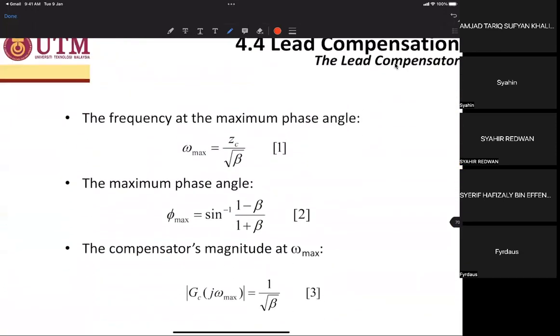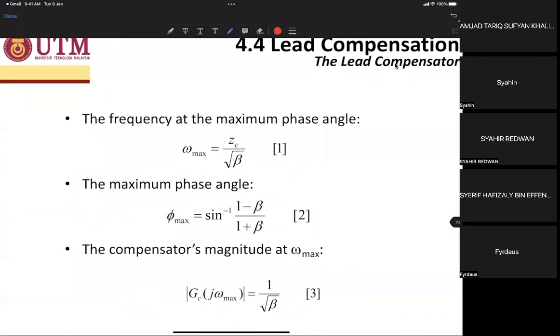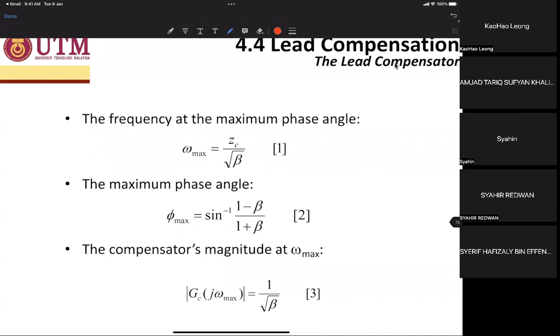Very important frequency for lead compensator is shown here. Okay, you have a maximum phase angle, which is at omega max equal to ZC divided by beta. So ZC is the value of the zero. Beta is the ratio between ZC over PC. Okay, the maximum phase angle is obtained from the formula.